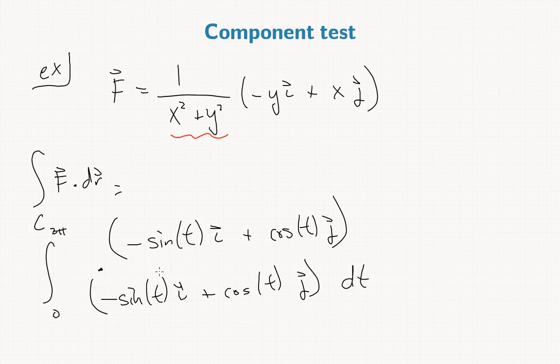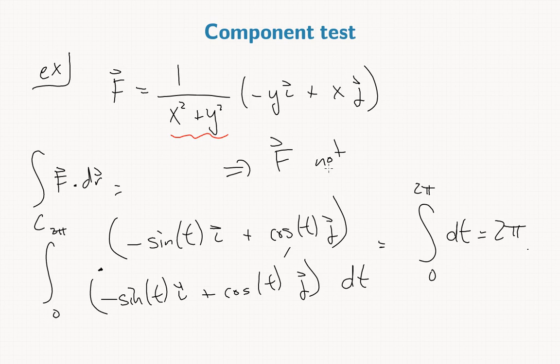And so this is sine squared plus cos squared, so this is the integral from 0 to 2 pi of dt, which is 2 pi. So F, despite passing the component test, is not conservative.